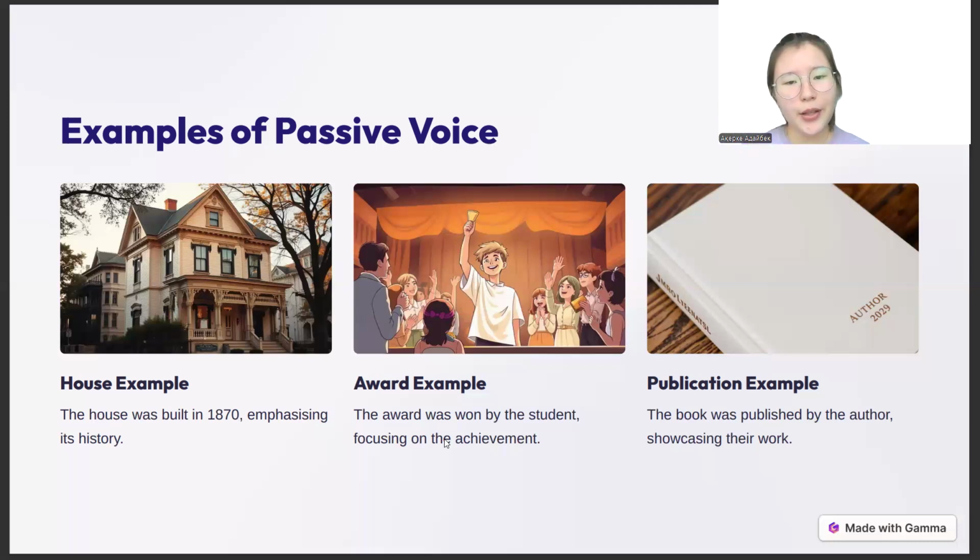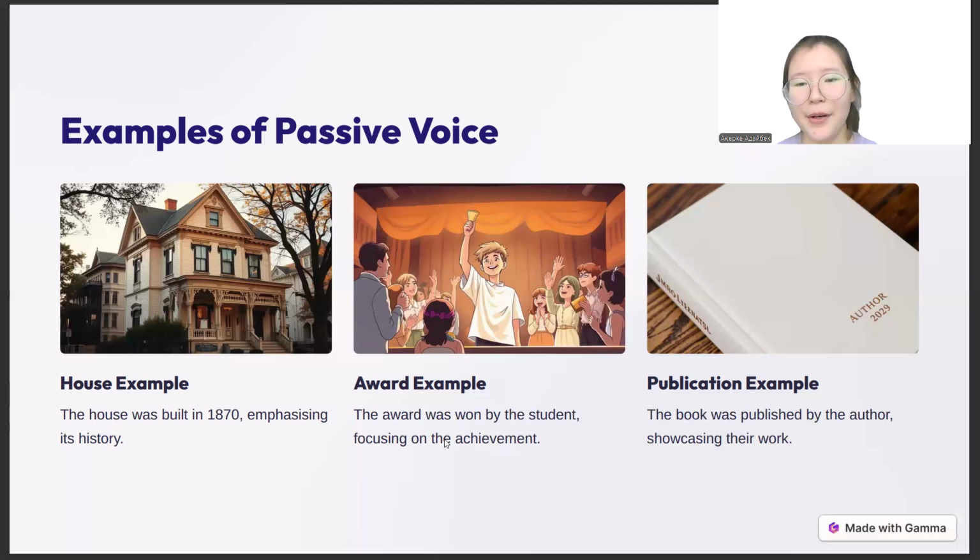We bring it to the school, and the whole school is watching only the award. They don't pay attention to us, because we were the ones who won it, right? But for them, what was won is much more important than we are. So here we also use the passive voice. The award was won. Okay, I hope you understand.